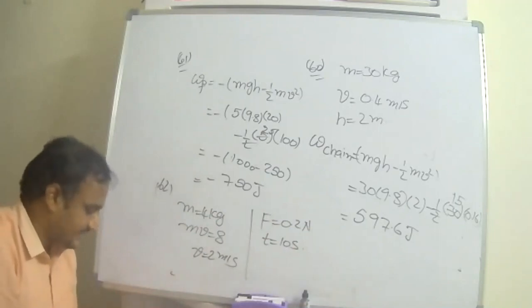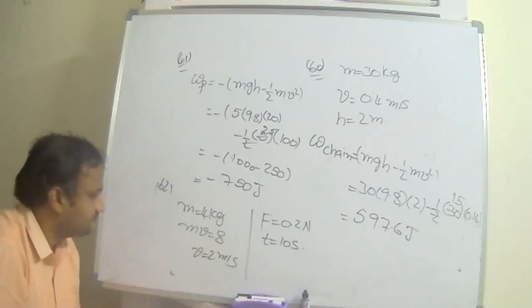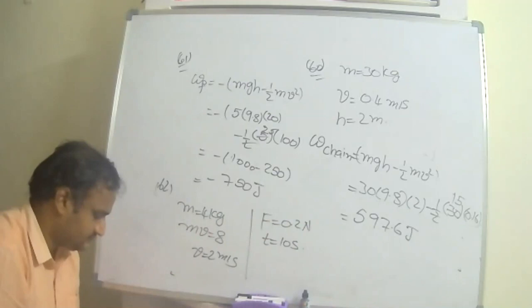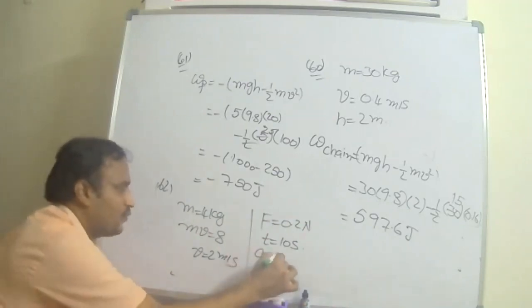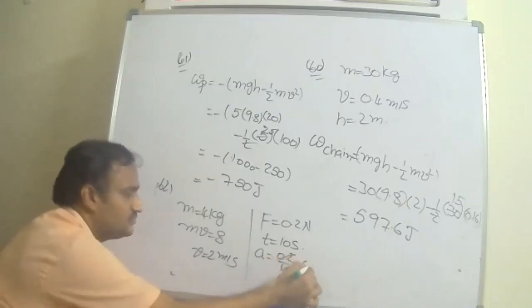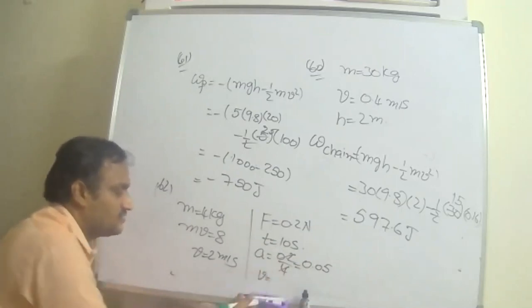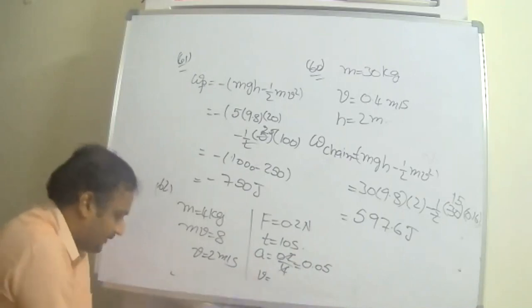The increase in kinetic energy is? So acceleration is 0.2 by 4, 0.05, for 10 seconds. v is equal to 2 plus 0.5.